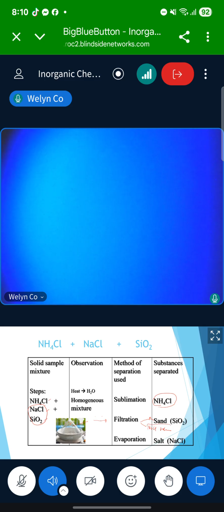Okay, so sodium chloride solution, you have the water and your salt. How can we separate them? By using evaporation process. If all the water has changed to gas, what is left behind in our container is your salt. So, ayon ang process ng ating to separate the three components. Ano yung process of separation? Sublimation, filtration, evaporation. Okay.